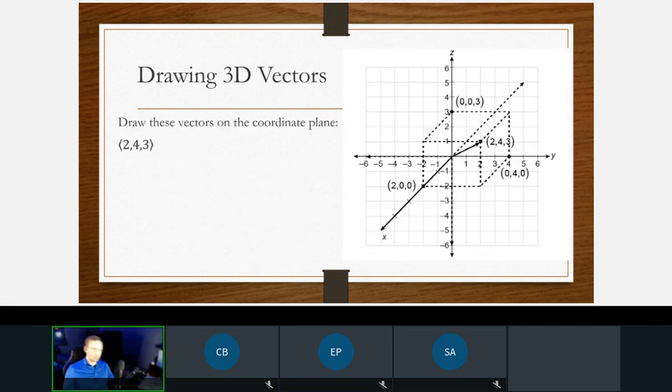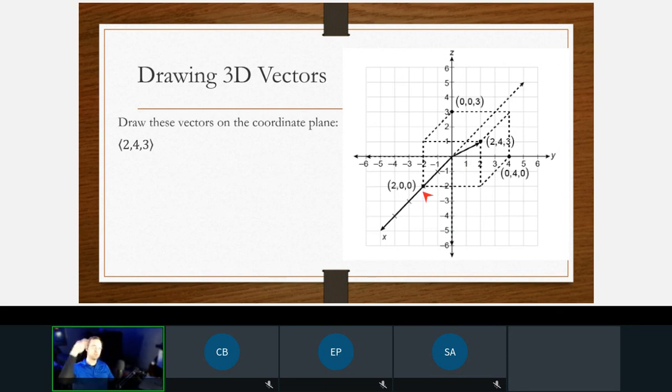All right, so drawing vectors in 3D form. When you're given a vector, you have X, Y, and your Z axis. Now, you should have learned this back in geometry, at least how to plot 3D points. These are the sharp angle brackets, so it's a vector in component form. Now, pay attention to the X, Y, and Z. Your X is the one that you can imagine is coming out of the wall.